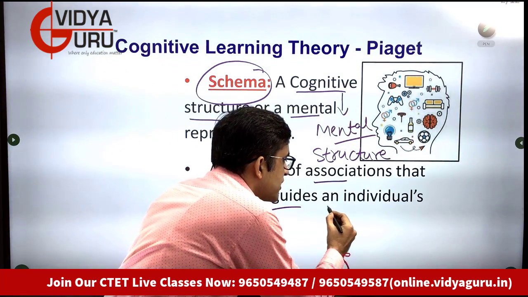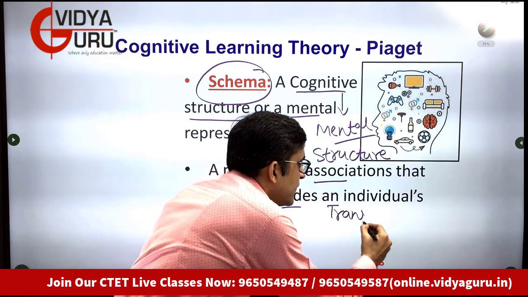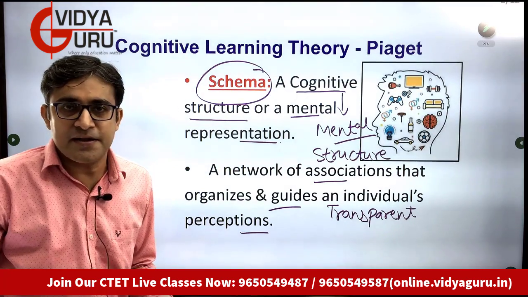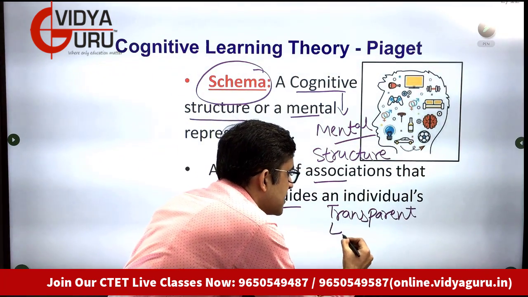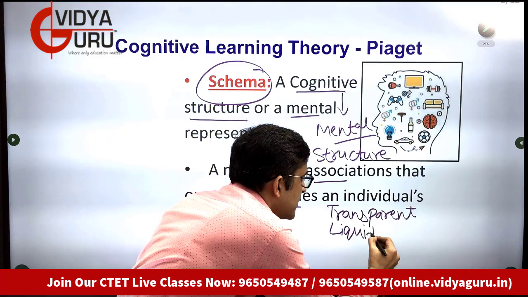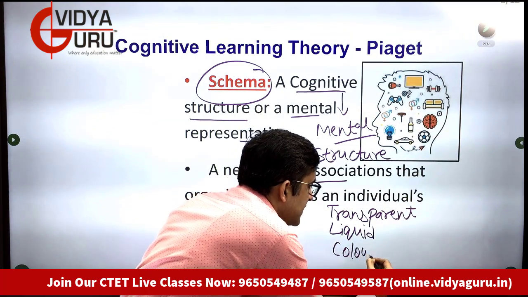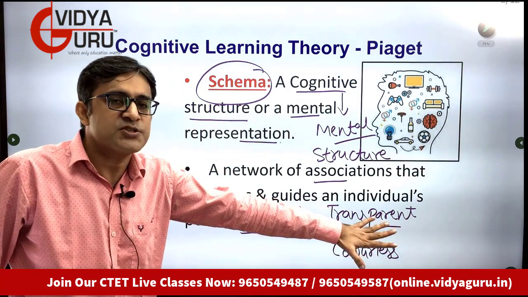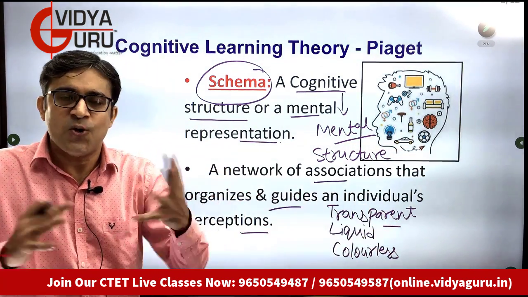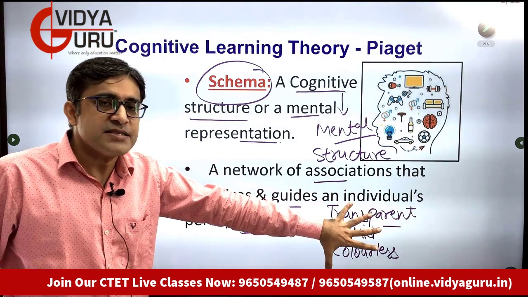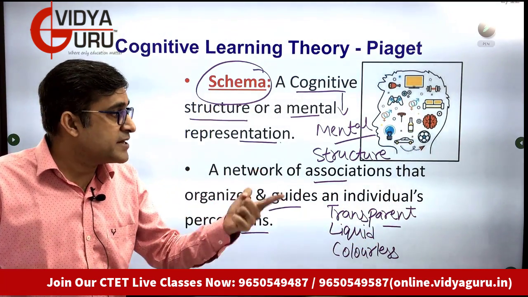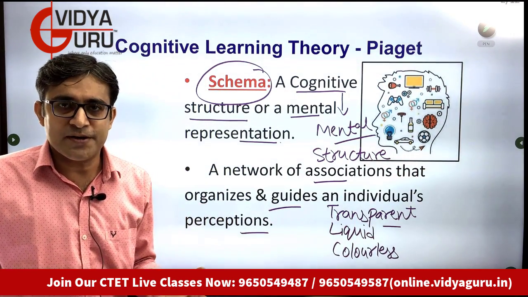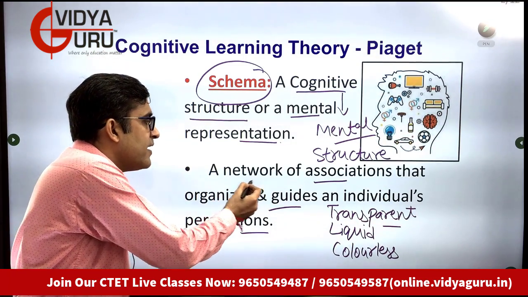The moment I talk about water, a whole lot of associations are there with water. It is transparent. Yes, it is a liquid. It is odorless. It is colorless. It is tasteless. So a whole lot of associations such as transparent, liquid, colorless, odorless, tasteless, all these associations are related to a simple thing called water, a simple schema which we call water. Sure? So that is what we mean by a schema.